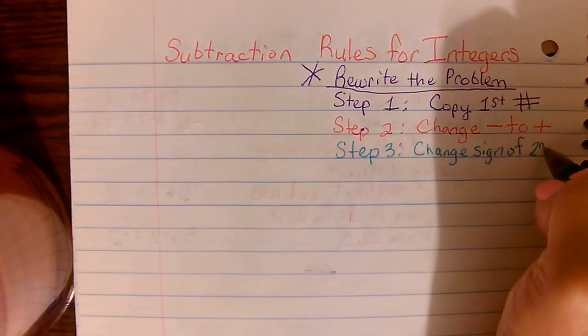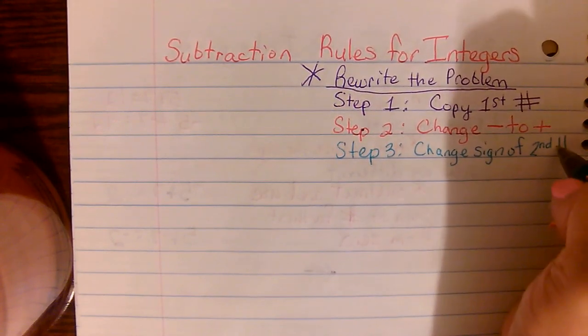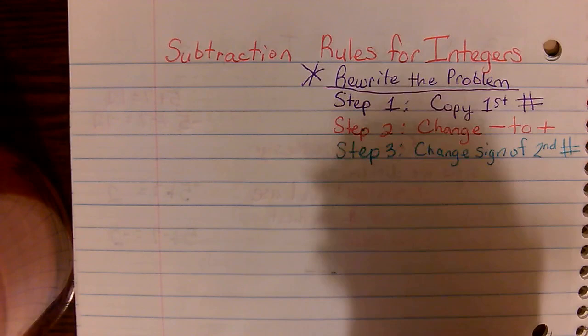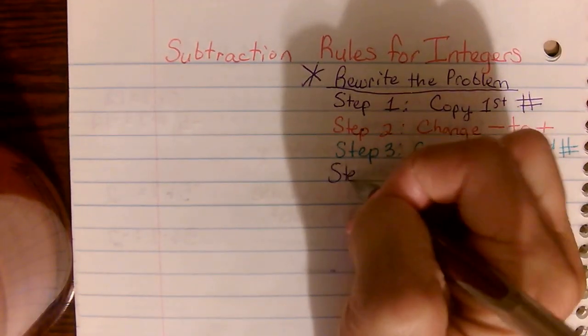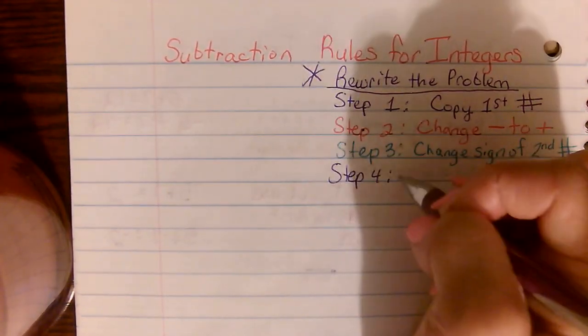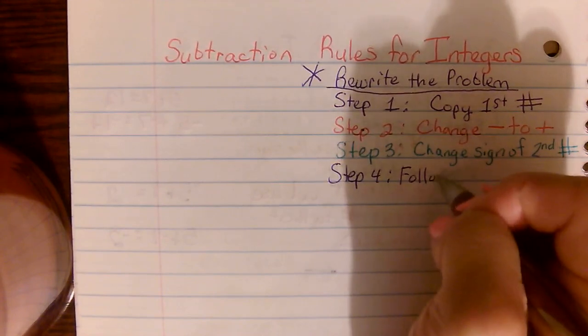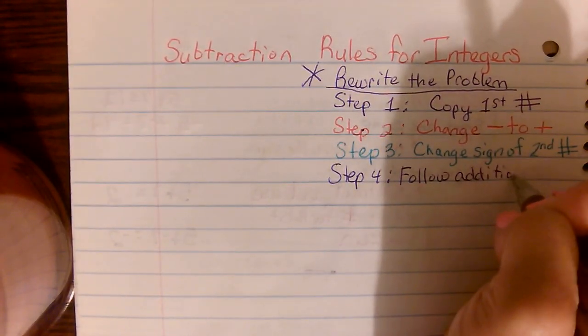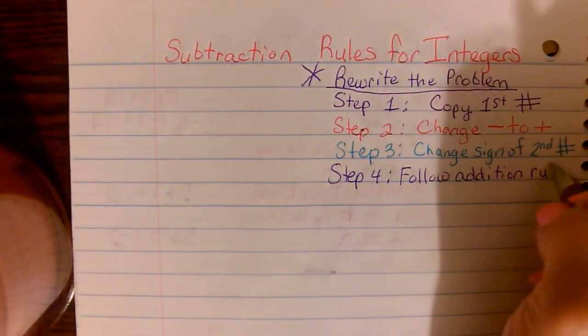I'm going to do hashtag symbol as a number symbol again for notes, nice and short and sweet. And then step 4, you will follow the addition rules we have already been practicing. Step 4, follow addition rules.